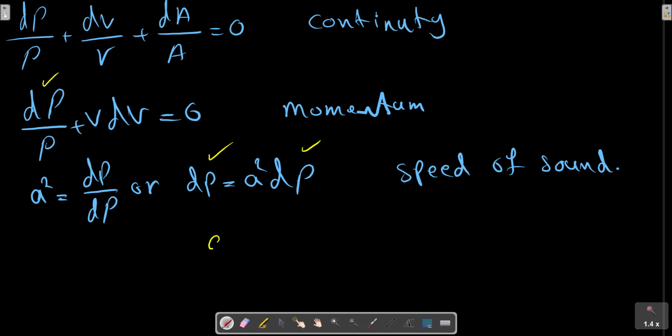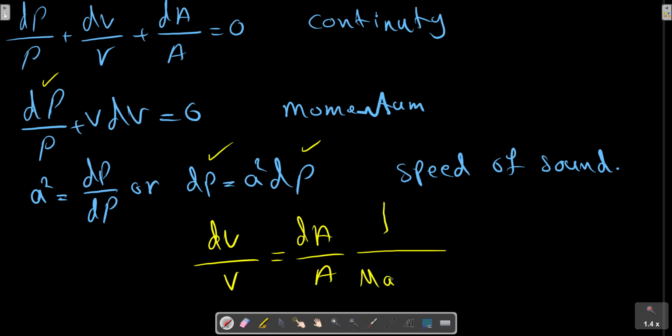We can obtain dV on V equals dA on A multiplied by an expression that is a function of Mach number, which also equals dP on rho V squared. Inspection of this equation without actually solving it reveals a fascinating aspect of compressible flow.